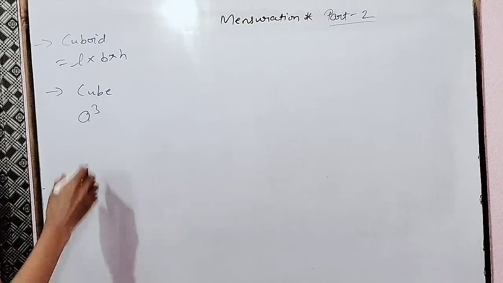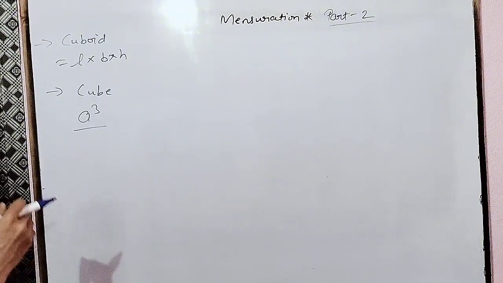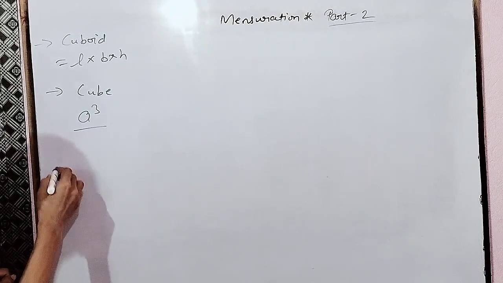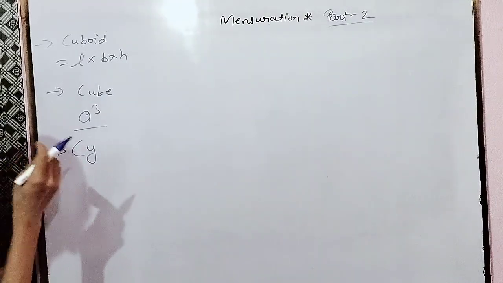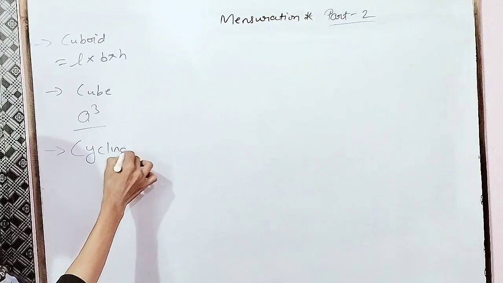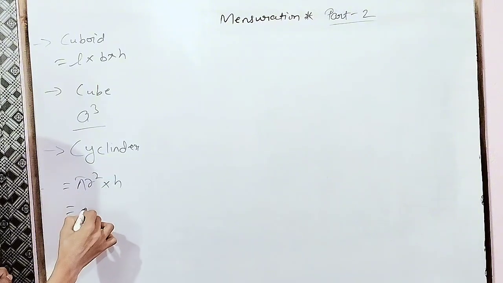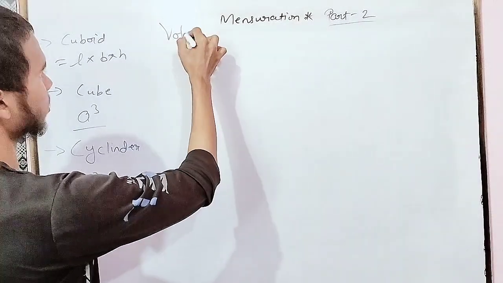That's why we write a cubed. Then next the cylinder: pi r square and then H. So pi r square H. So here this is volume.